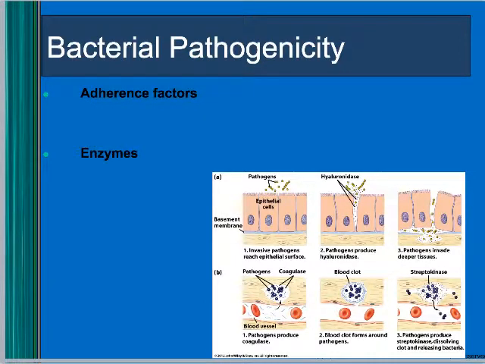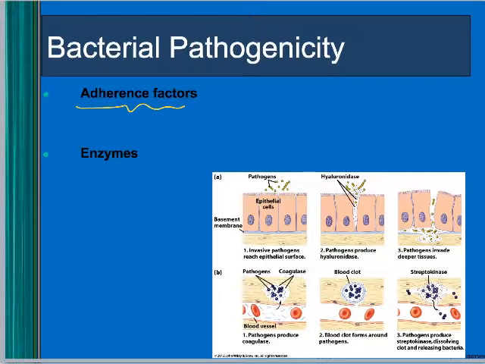Okay, now what causes bacterial pathogenicity? So one thing, and we've already talked about this, are adherence factors, so things like capsules, also enzymes. This picture tries to show you two different enzymes that can increase pathogenicity.